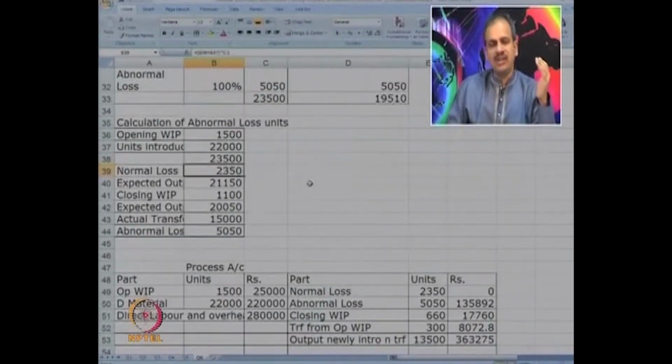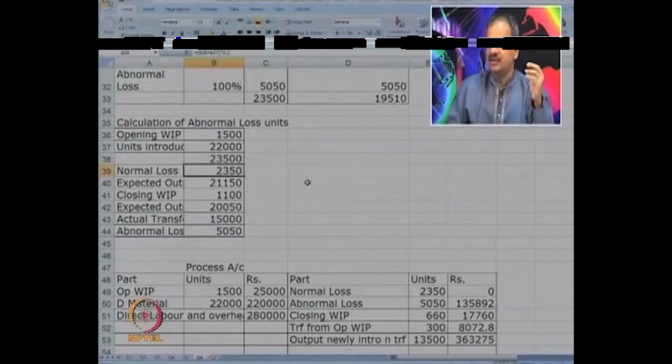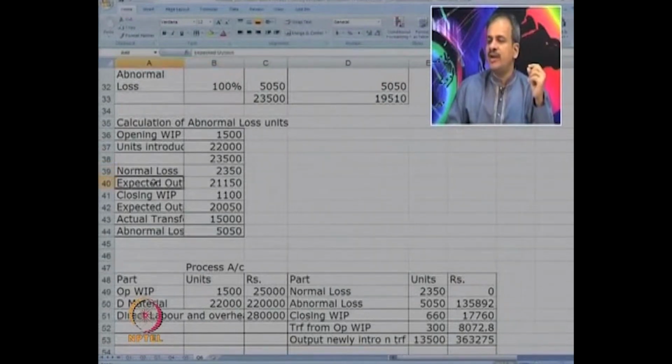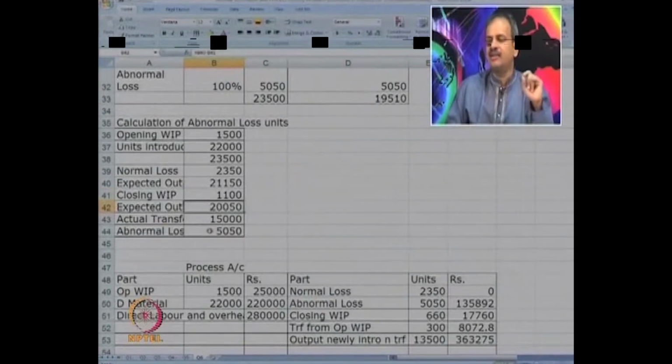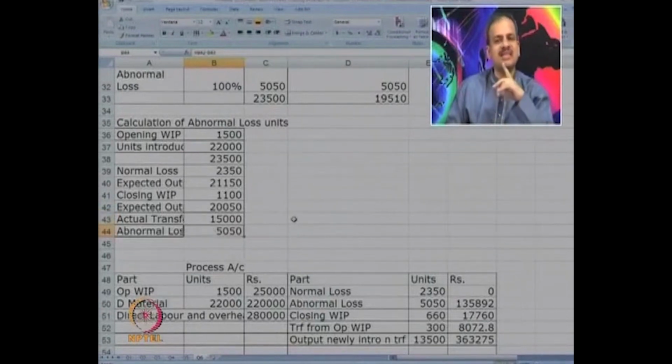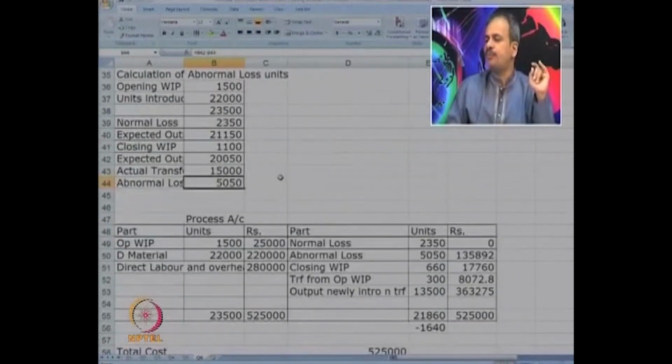Of that, 2350 were to be lost. So you get expected or normal output of 21,550. Of that 1100 is closing stock. So you have 20,500. Of this 15,000 was transferred and 5050 remains as abnormal loss. Okay, so everything is accounted now.